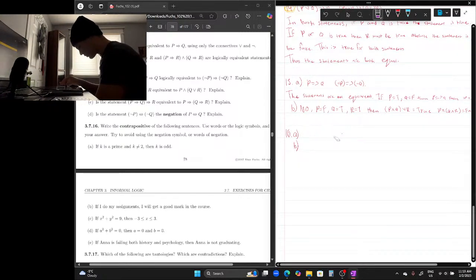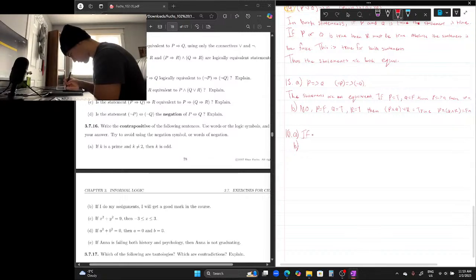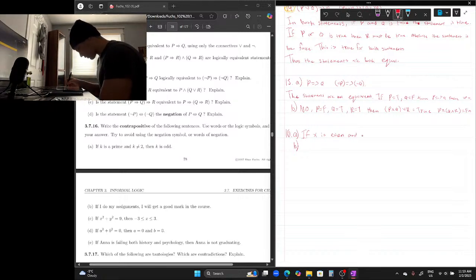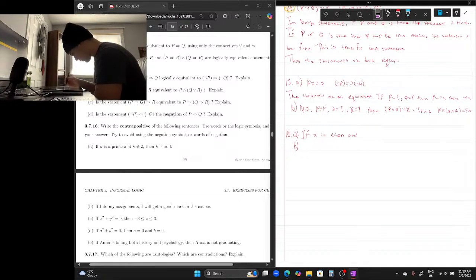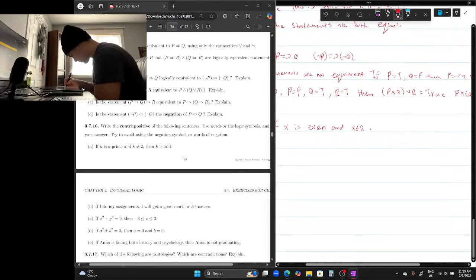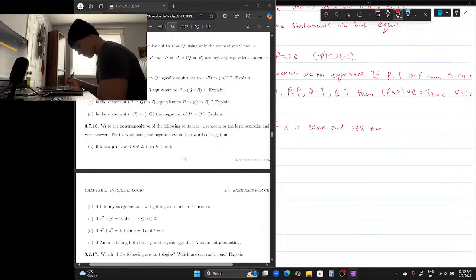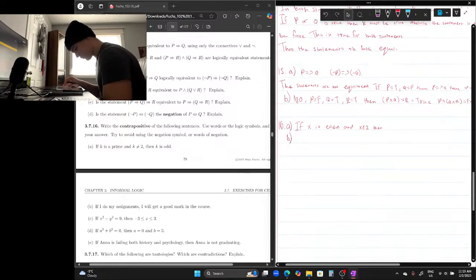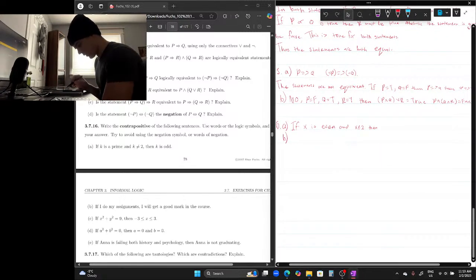So this should be: if x is even and x is less than or equal to 2, then... contrapositive, this would be flip it.